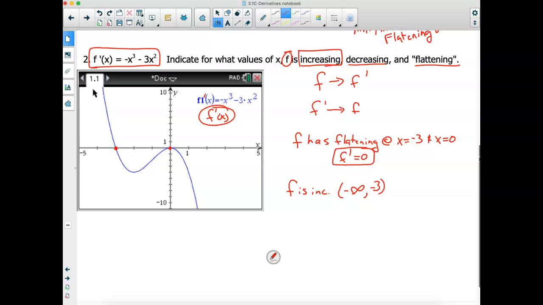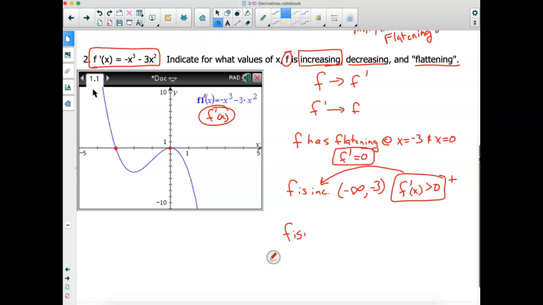And how do I know that? I know that because f prime of x is greater than 0. When f prime is positive, f is increasing.